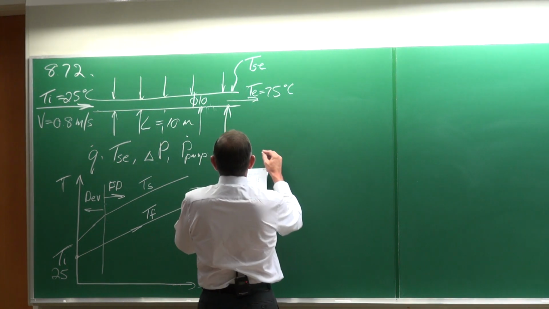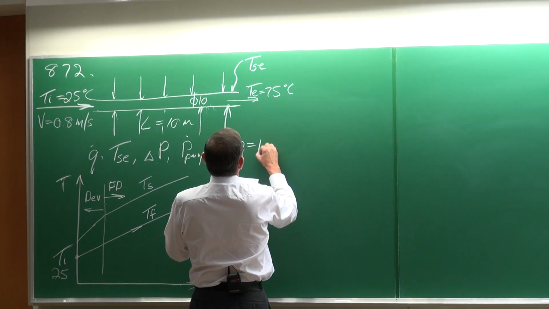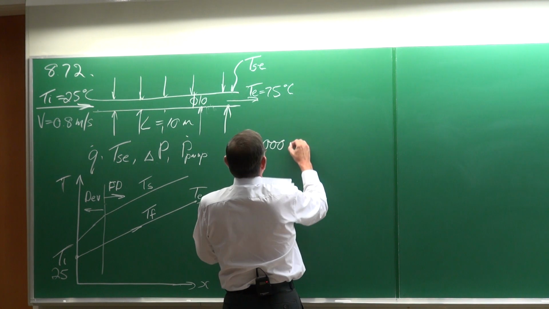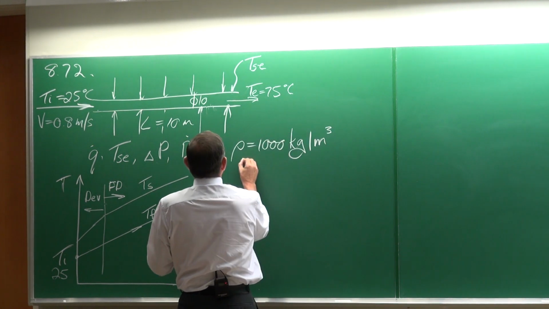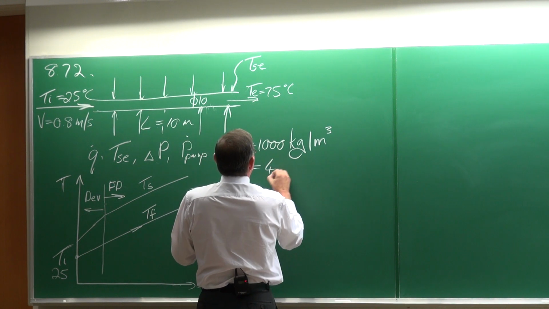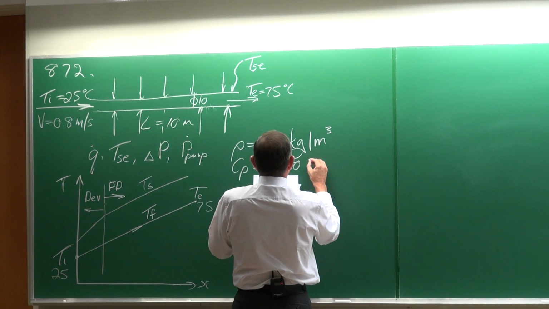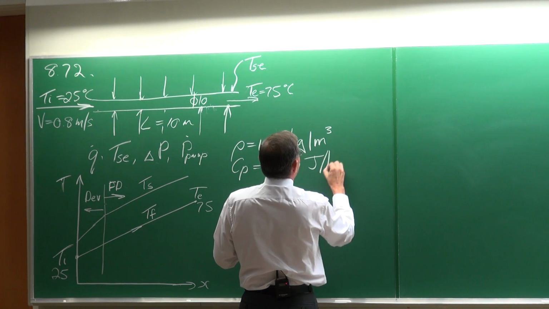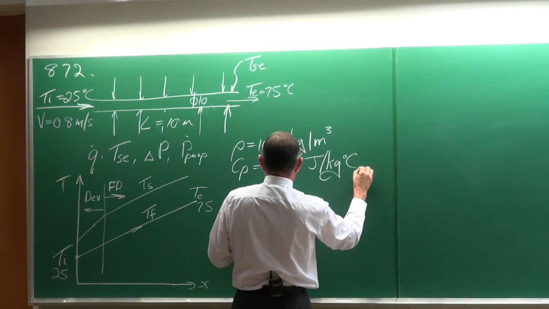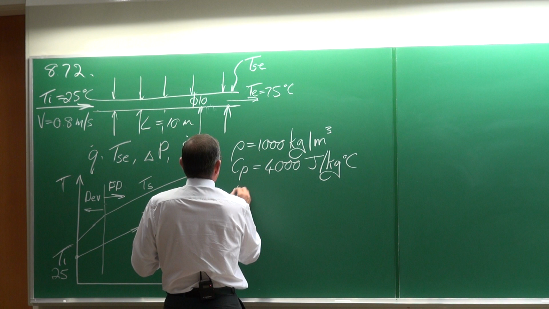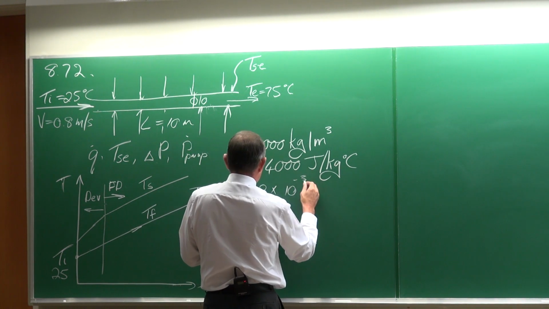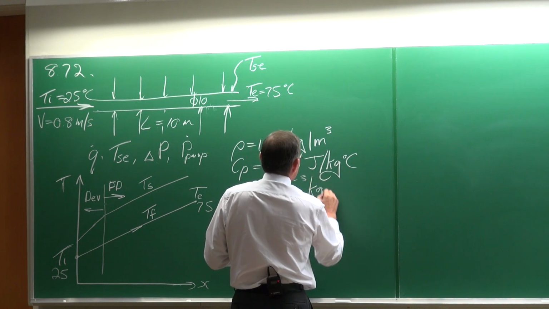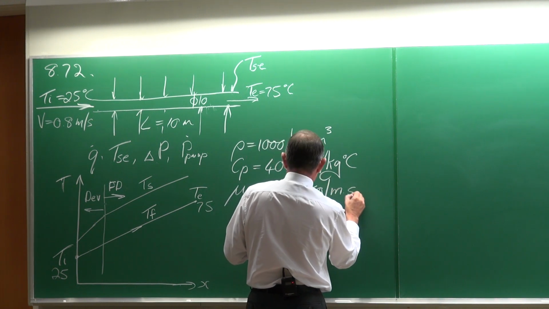The properties are given to us as density is 1,000 kilograms per cubic meter. The Cp is 4,000 joules per kilogram degree Celsius. The viscosity is equal to 2 multiplied by 10 to the minus 3 kilograms per meter second.